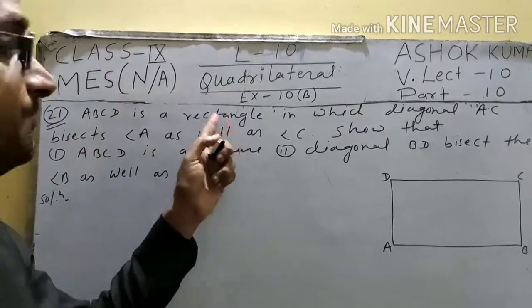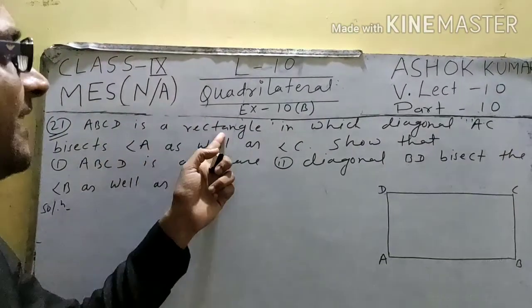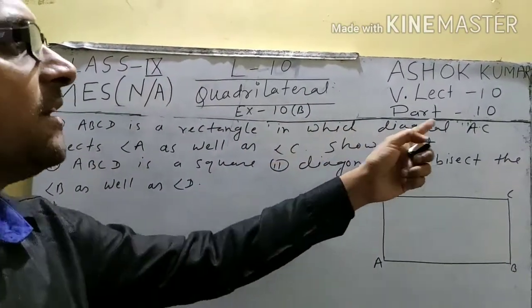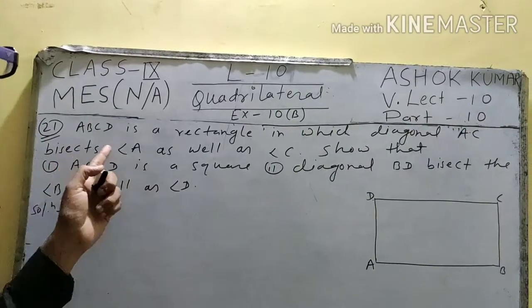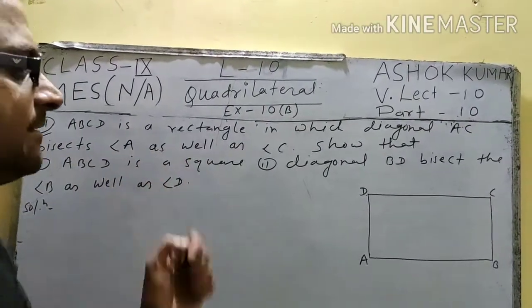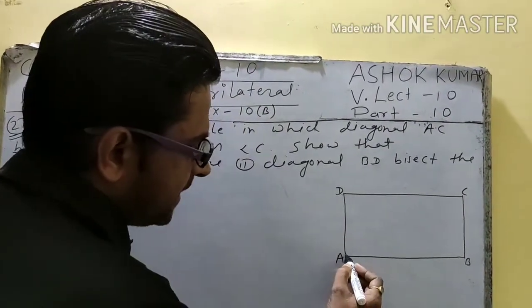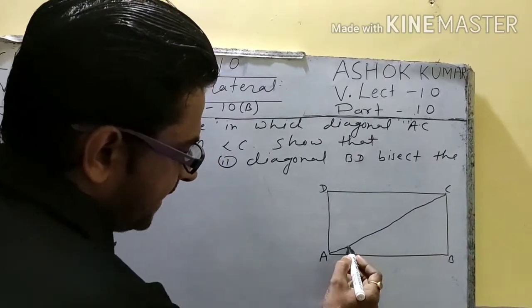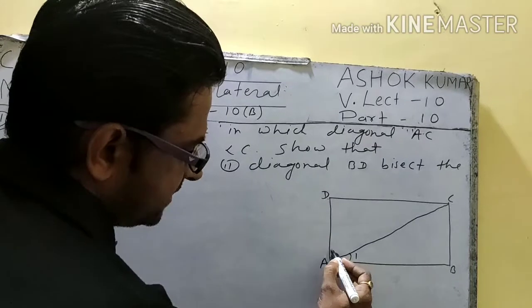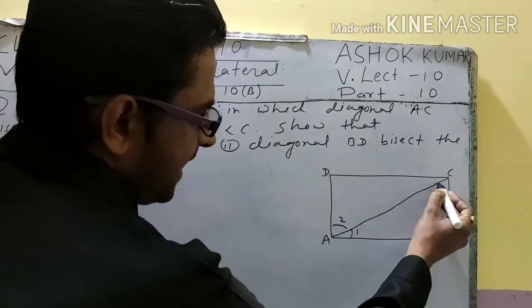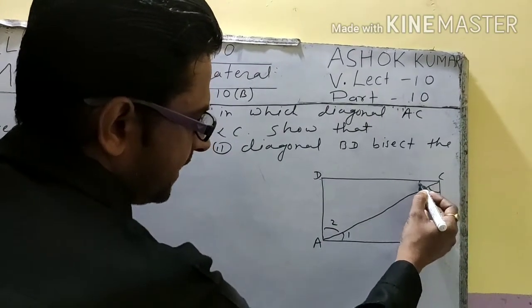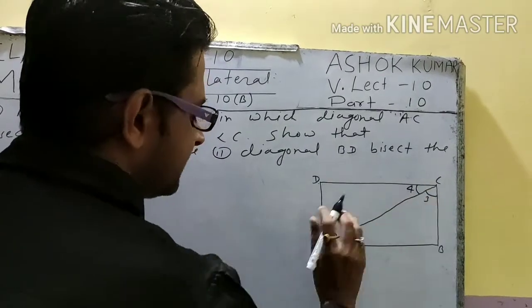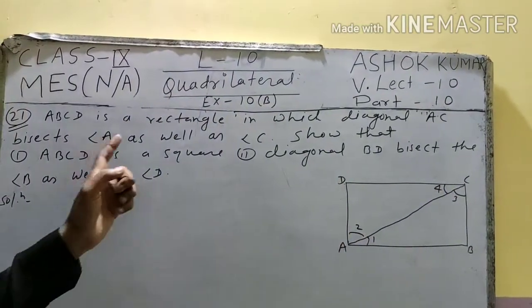ABCD is a rectangle in which diagonal AC bisects angle A as well as angle C. That means diagonal AC bisects angle A, so angle 1 is equal to angle 2, and angle 3 is equal to angle 4. This information is given.